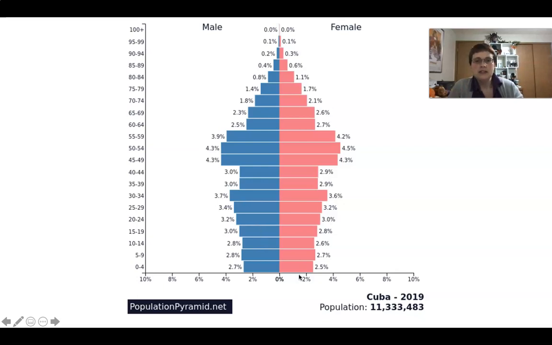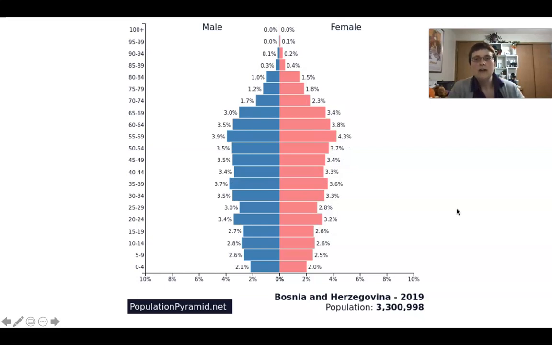And you can actually see there's a big section right here that's missing out of their population. And that is where they had a big migration out of the country. But it's continuing. They're still losing young people out of the country. And so that's going to continue to impact their population in the future.